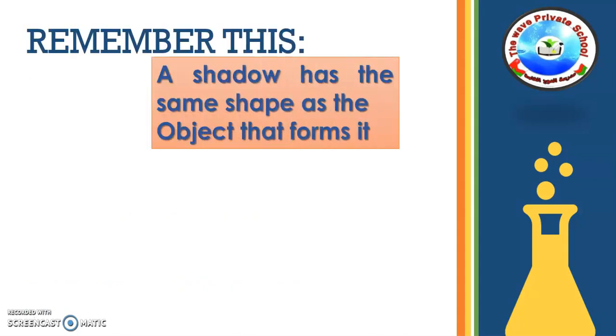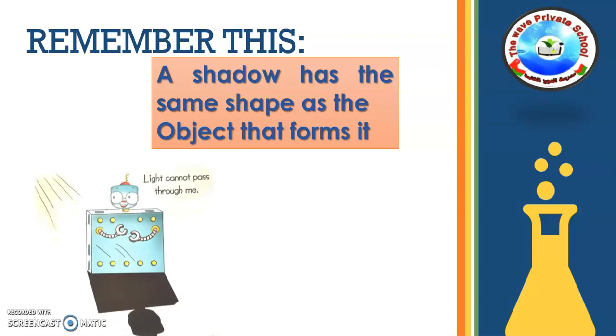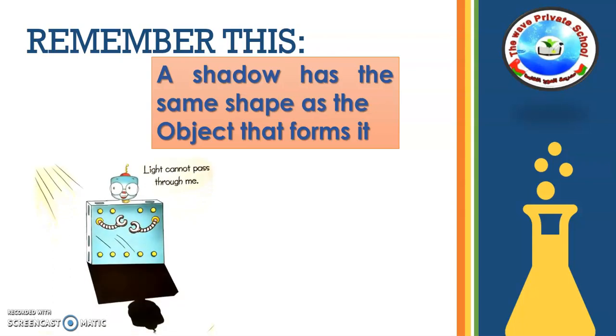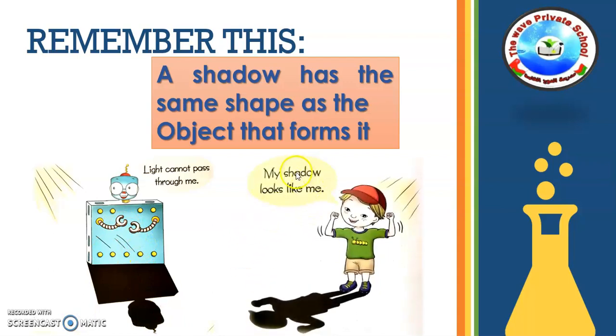Another point that you need to remember about shadows is that a shadow has the same shape as the object that forms it. So I want you to look at these pictures here. So this one, it formed the same shape. The second one, my shadow looks like me.